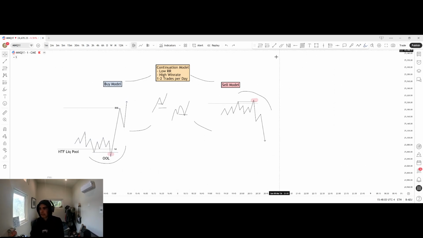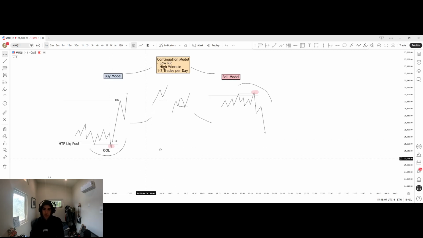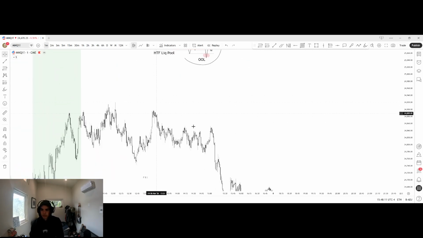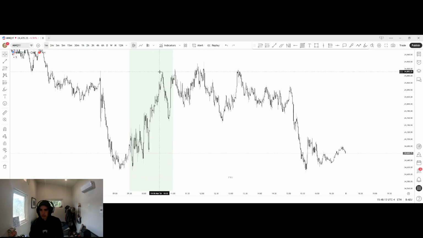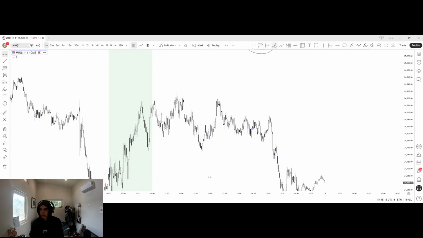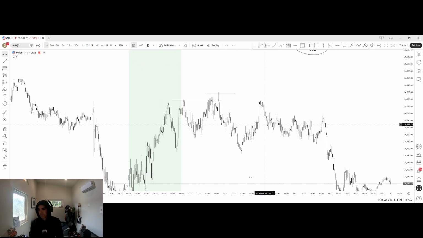I want to see the order liquidity put in place before I start looking to take a trade. We need one sweep, and we need a reaccumulation or resweep to confirm, like right here. This is later in the PM session. We need a sweep, and then a resweep to confirm our direction, and then I can take a fair value gap off of that.